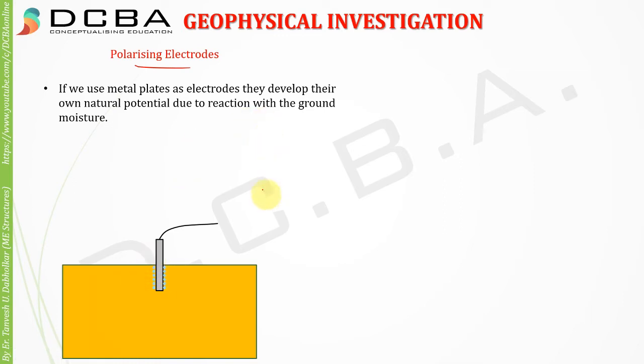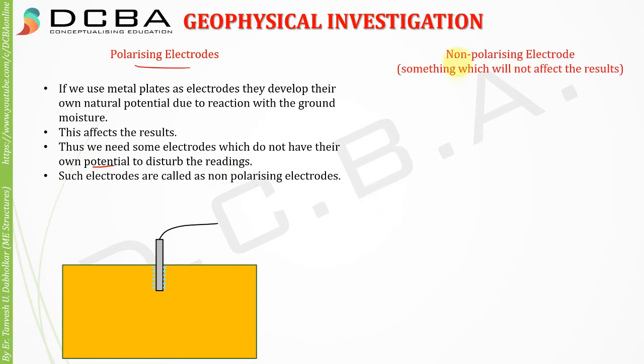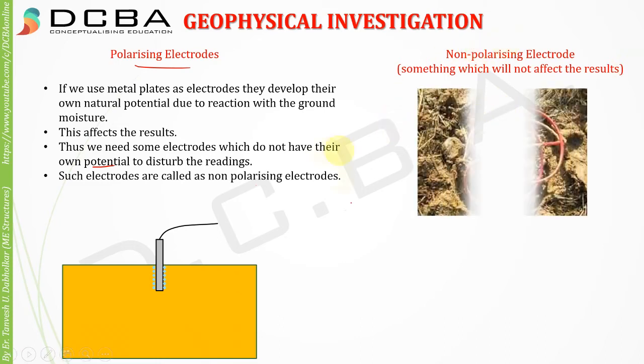That will not give you the true reading which we want, right? So this affects the reading, obviously. Thus we need some electrodes which do not have their own potential to disturb the readings. Such electrodes are called non-polarizing electrodes. Non-polarizing electrodes means something which will not affect the results. So what are these exactly?